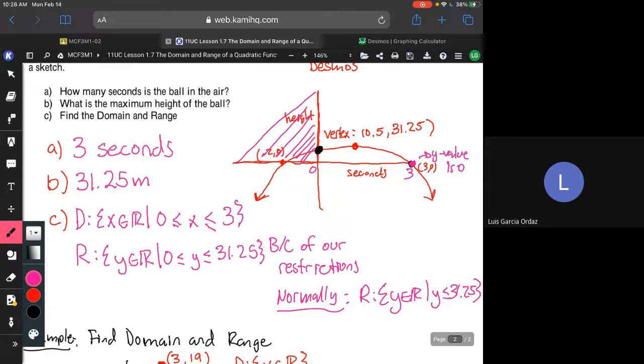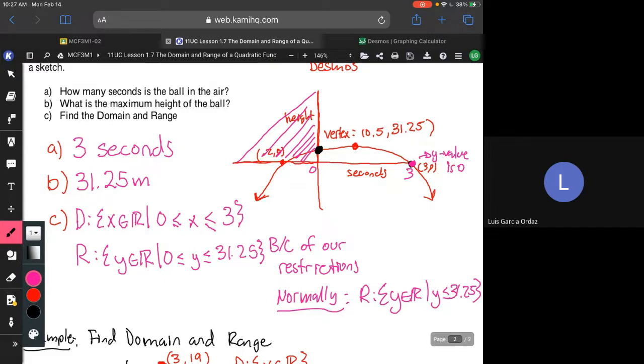So any questions about domain and range?